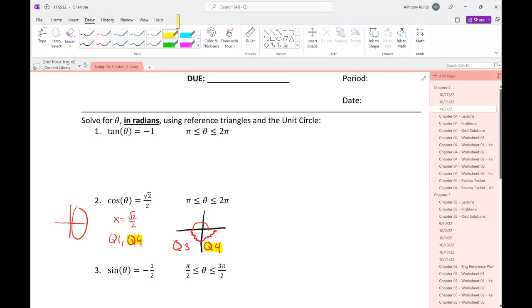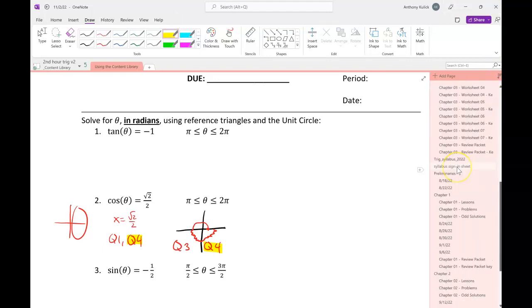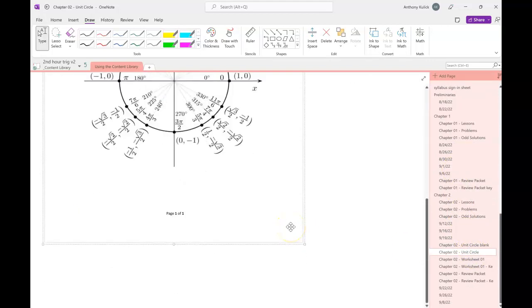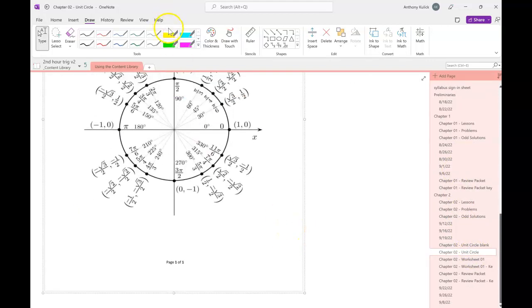To get this answer, I go to the unit circle. I look in quadrant 4 for the place where the x coordinate is square root 2 over 2. That happens right there. So my answer would be 7 pi over 4. And I'm done.